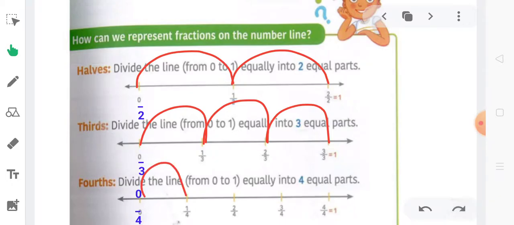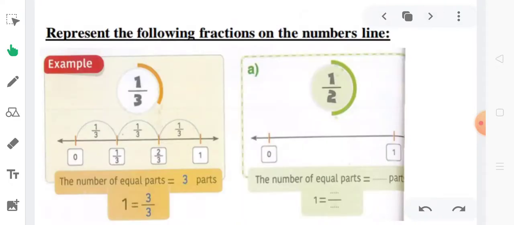Okay, the first jump, the second jump, third jump, fourth jump. Each jump makes a fourth. Okay, we have 4 fourths. So 0 over 4, then 1 over 4, 2 fourths, 3 fourths, then 4 fourths, that's equal to 1. Okay, let's see the next.